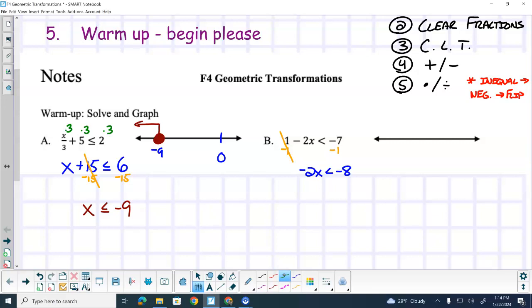What are negative 2 and x doing? Are they adding together? Subtracting? Multiplying or dividing? So what's the opposite of multiplying? Start with a D. Divide by 2.